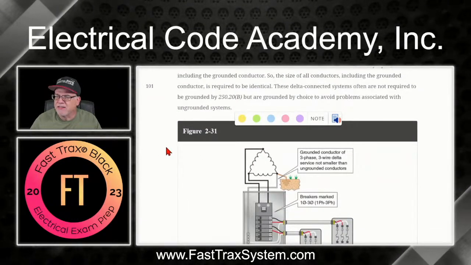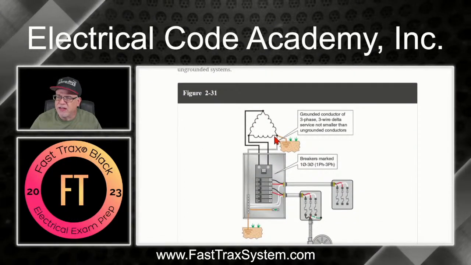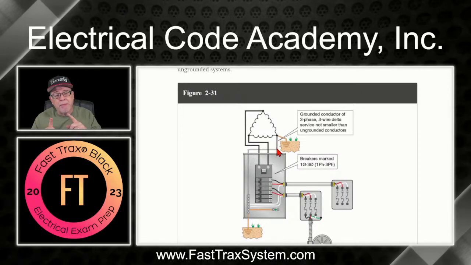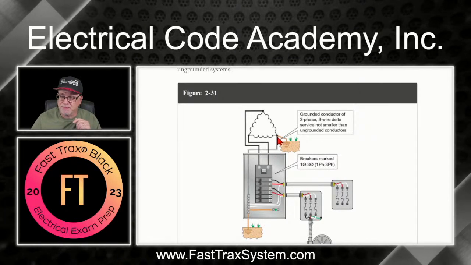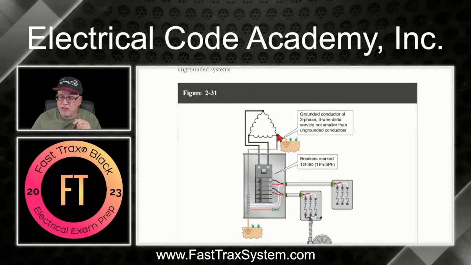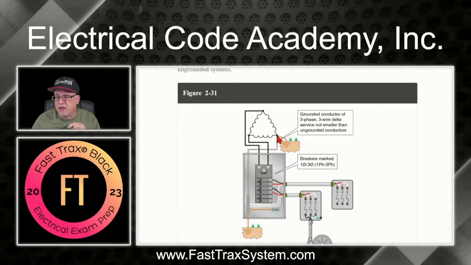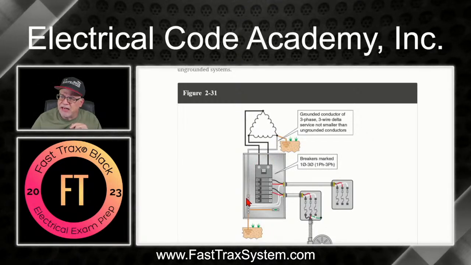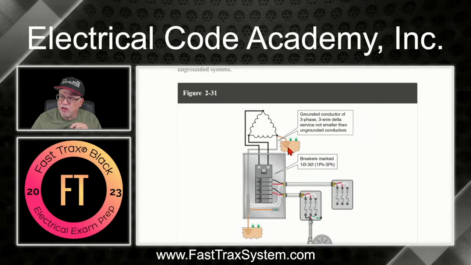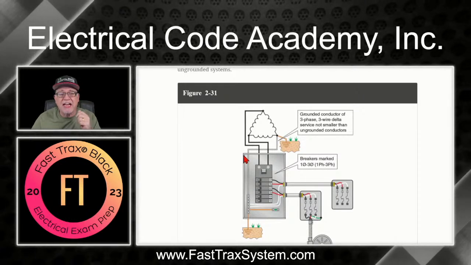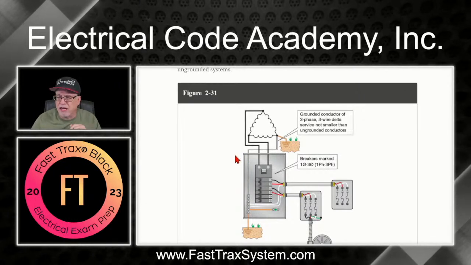So if you look at this illustration, this is a grounded conductor, but if you remember from our part 1, it is not a neutral conductor, okay? It is not a neutral conductor. But it is a grounded conductor. So it comes from the system down, and as you'll see right here, it is connected to Earth, right?